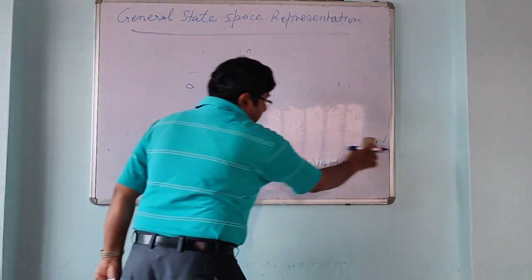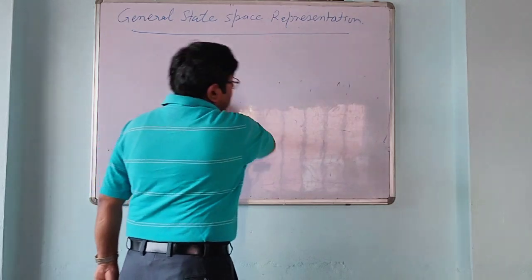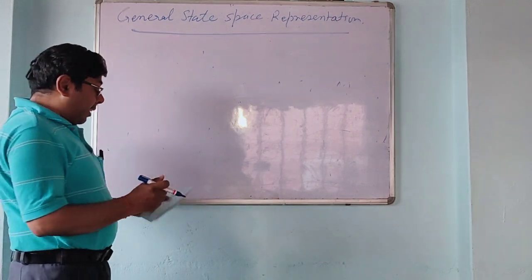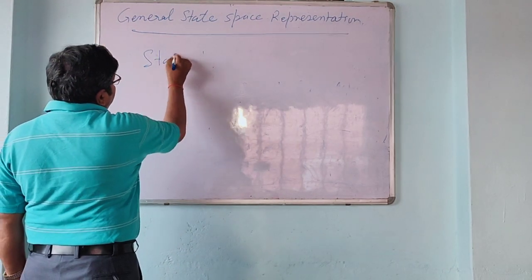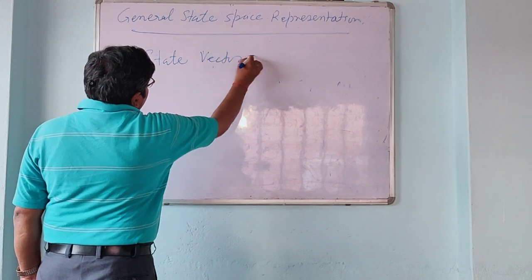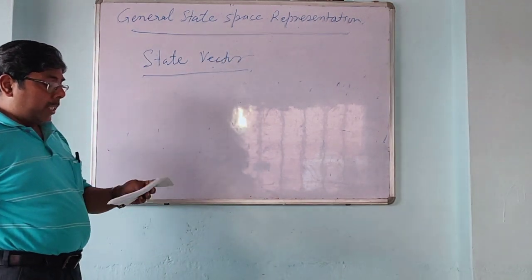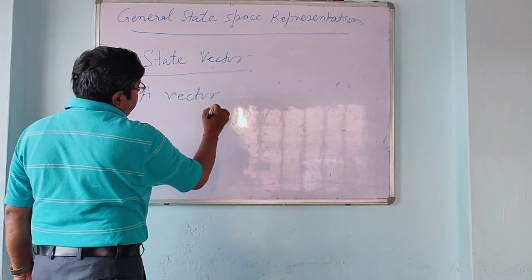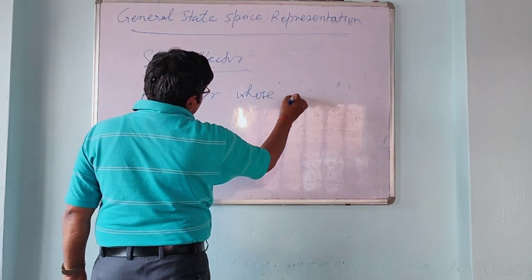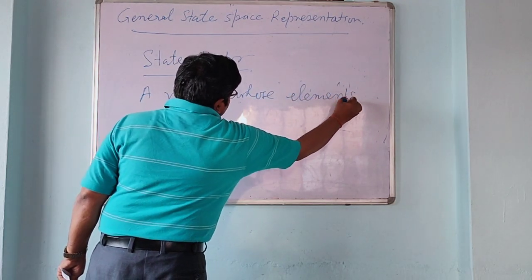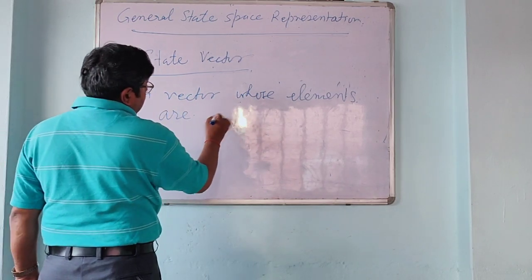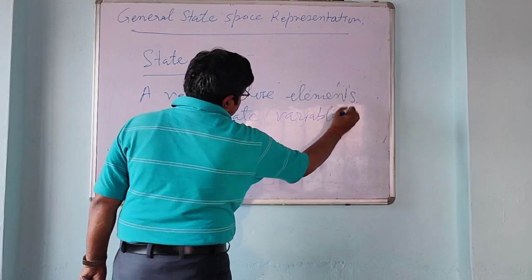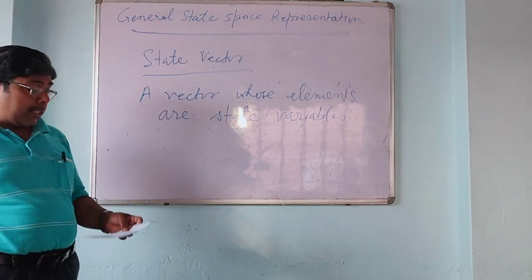How can we define few other definitions related to state variable analysis? So next one is the state vector. You can note down the definition. A vector whose elements are state variables. So this is the state vector.